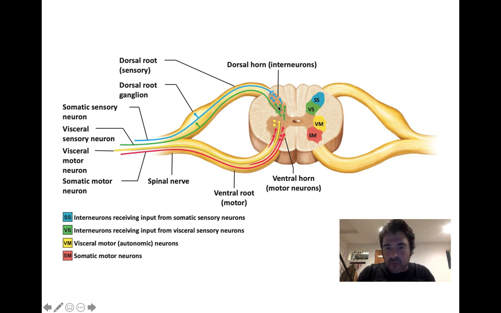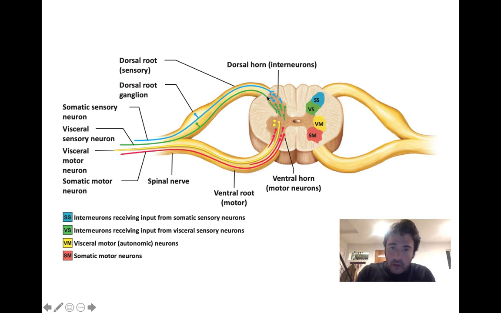Motor information projects out of the lateral and anterior portions of the gray horns of the spinal cord. And that's a nice circuit: sensory in, motor out, sensory in, motor out. It prevents overlapping circuitry. It's a good design, a good electrical engineering design, biological electrical engineering.